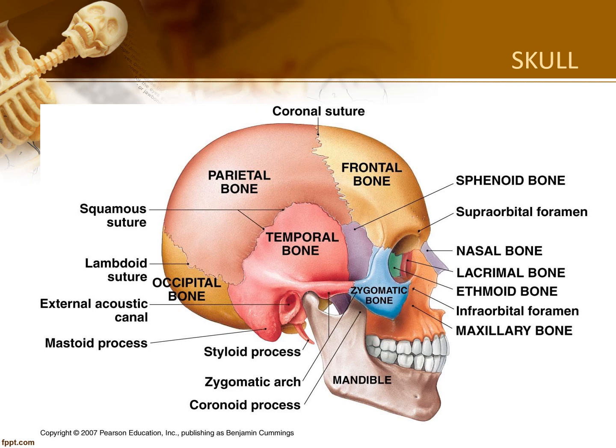This is a skull. The skull is the upper part of the skeleton. As you know, the skull is divided into cranial and facial parts, totaling 26 bones.